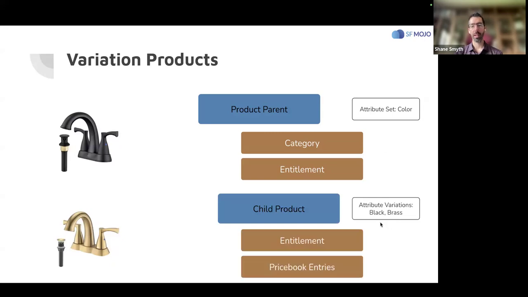The child product is going to have different options inside of that one color field. So black or brass in this case to distinguish the two different types they can select from. And you're going to have a child product for each one of these variations. And these child products are going to need entitlements and price book entries. And you'll notice the distinction of the different types of data between the product parent and the child product.